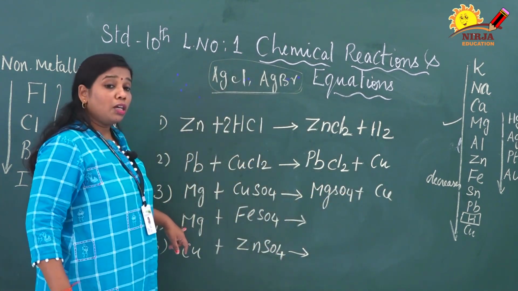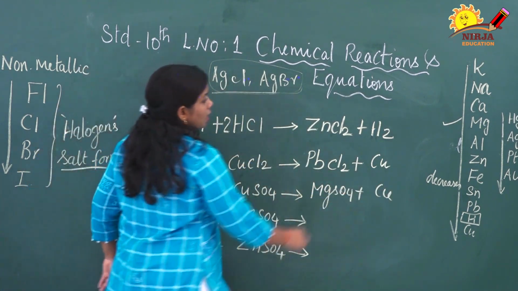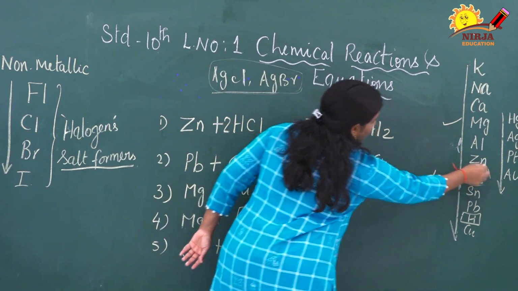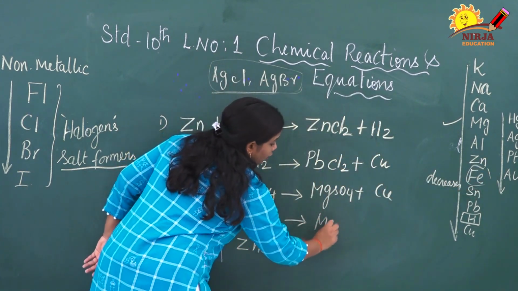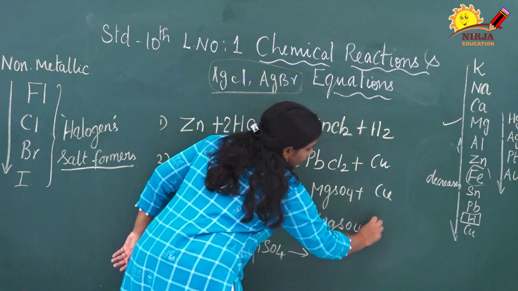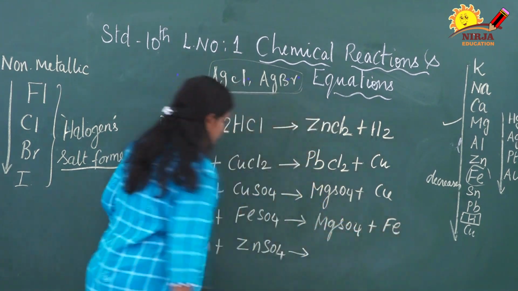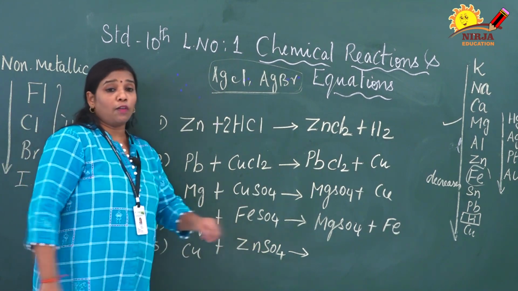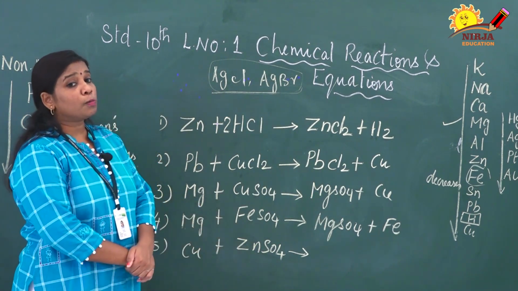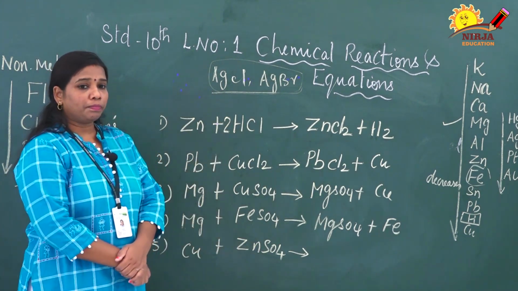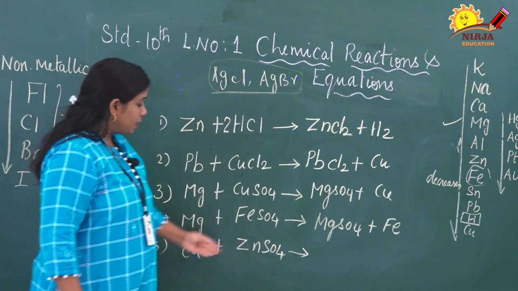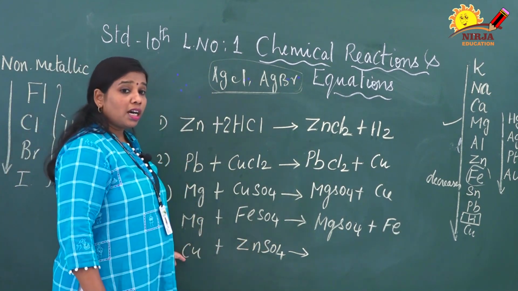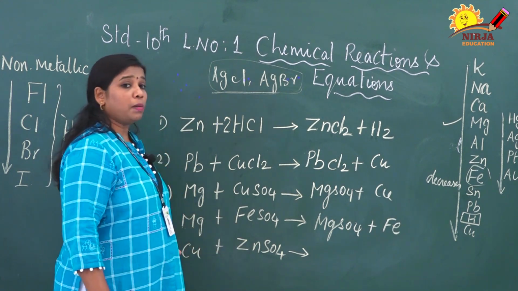In the same way, magnesium reacts with ferrous sulfate. Ferrous is there, so it is converted into magnesium sulfate as well as iron. Another example I have given: copper reacts with zinc sulfate. Here you have to think whether the reaction is possible. You should not think zinc will displace.